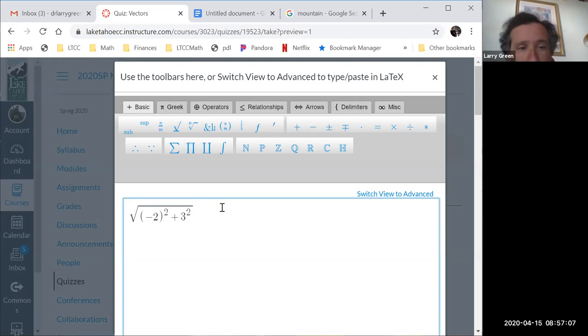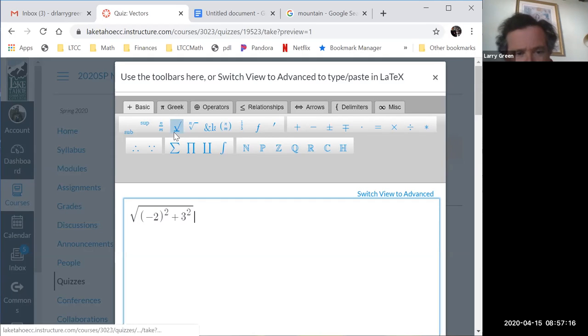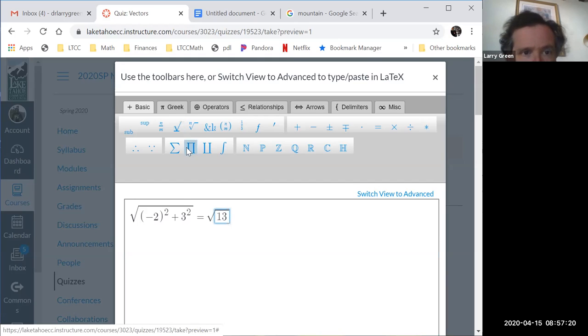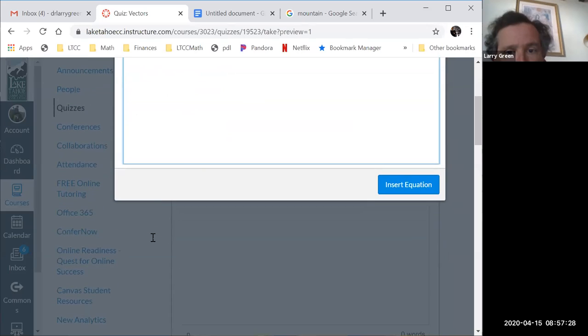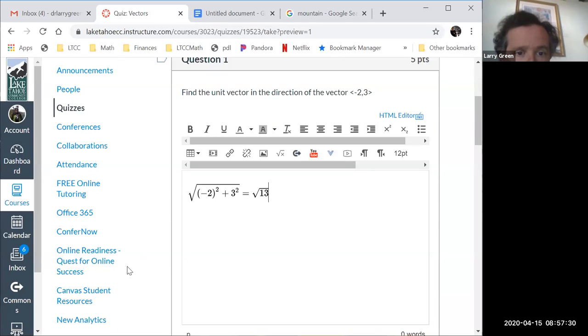You can use a calculator, but hopefully you do this in your head. 3 squared is 9, -2 squared is 4, that's root 13. Okay, so we've now found the magnitude.